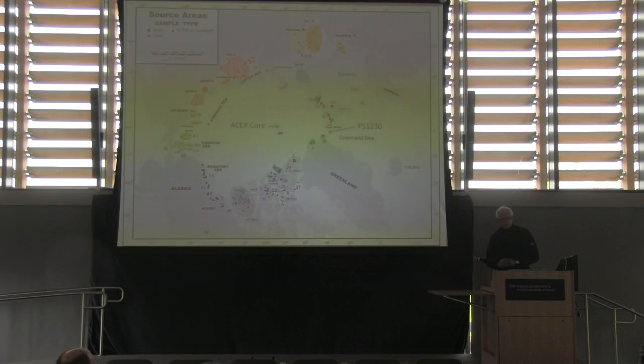So now I'm going to take you back into the past again, and we're going to look at a fascinating core. This is the ACEX core. ACEX stands for the Arctic Coring Expedition. This was the first and only time that the Ocean Drilling Program took a drilling rig into the Arctic.